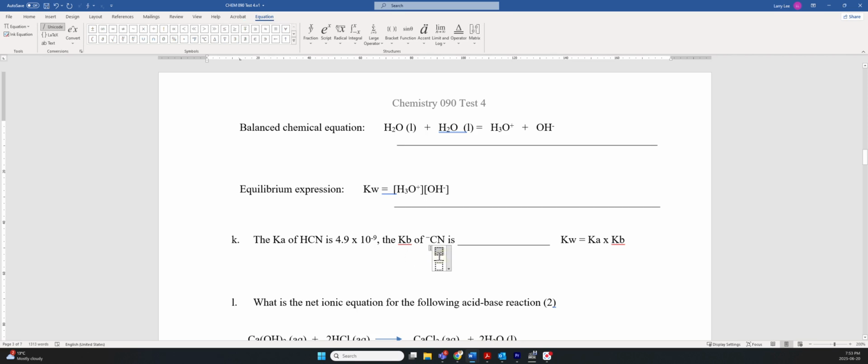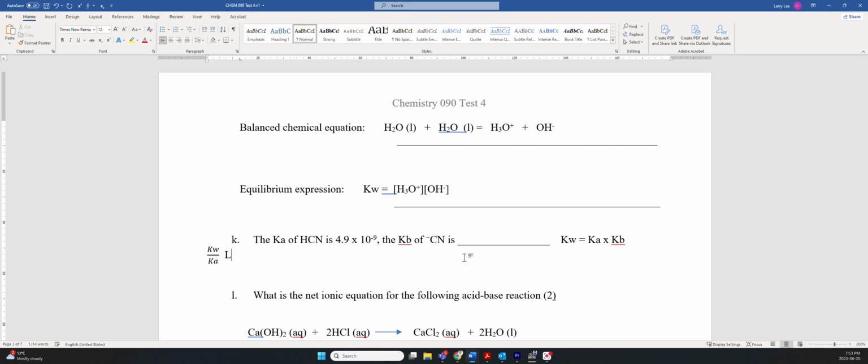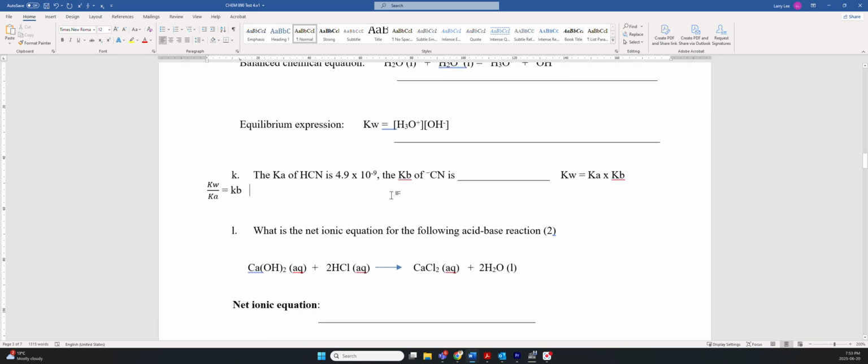So this is just Kw over Ka, which is equal to Kb. And so you could calculate that 1 times 10 to the minus 14 divided by 4.9 times 10 to the minus 9.